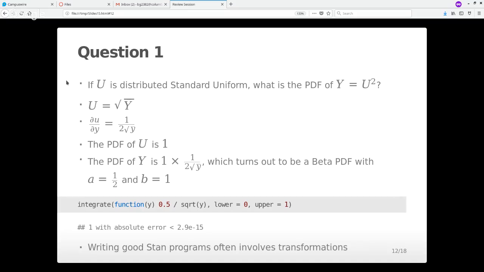Even though they have all the same substantive implications, the shape of that posterior distribution that STAN is drawing from by going through the parameter space with Hamiltonian Monte Carlo is different if the underlying thing is this beta PDF than if the underlying thing is the standard uniform.